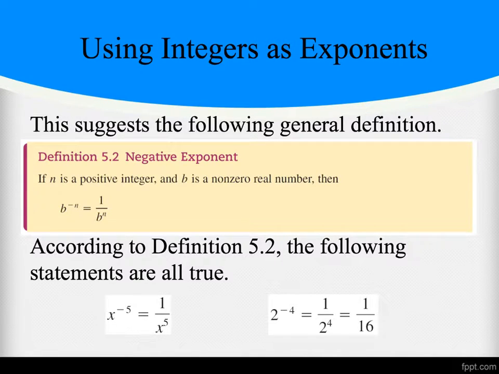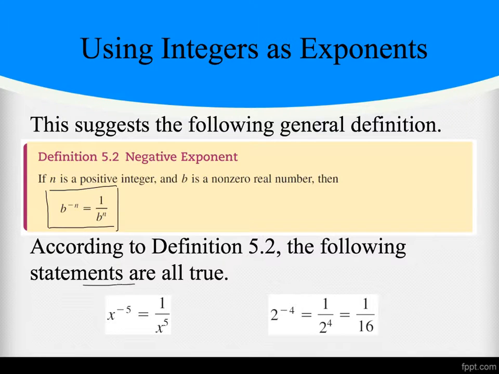So, this rule here tells us that when you have anything raised to a negative integer power, that is the same as saying take the reciprocal of that value. So b to the negative n power is really the same as 1 over b to the positive n power.